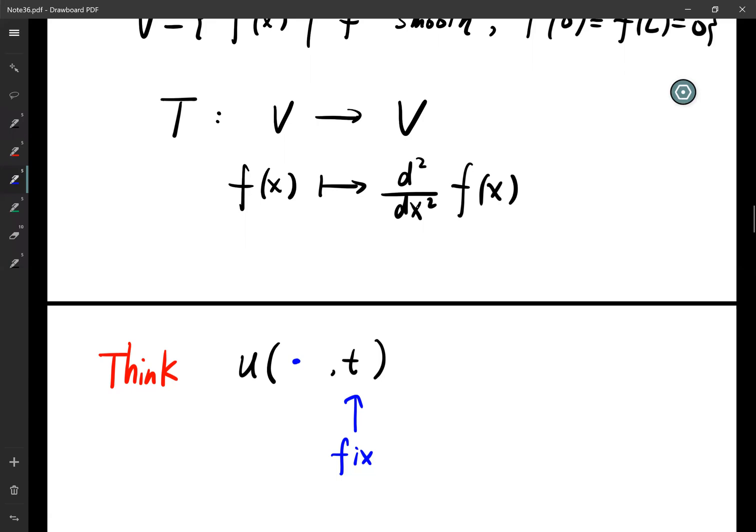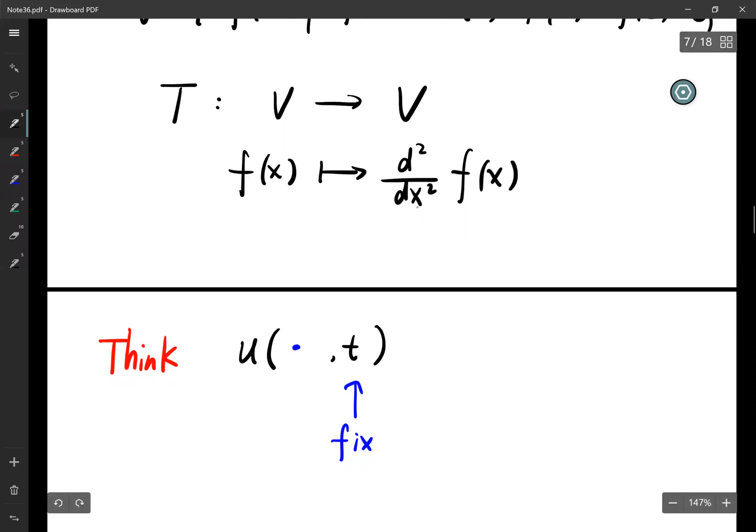You say, well, this is not possible because there are infinite number and actually uncountable number of x, but I'm going to explain later why this makes sense.